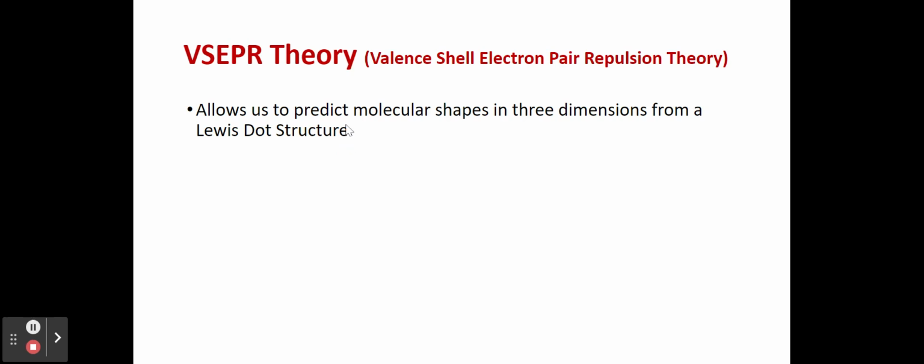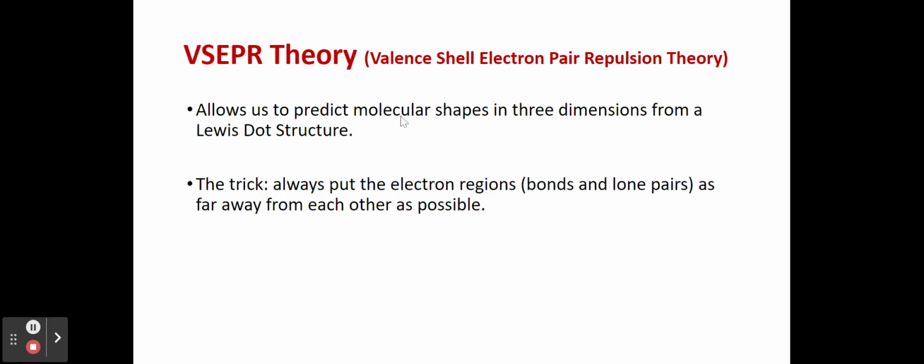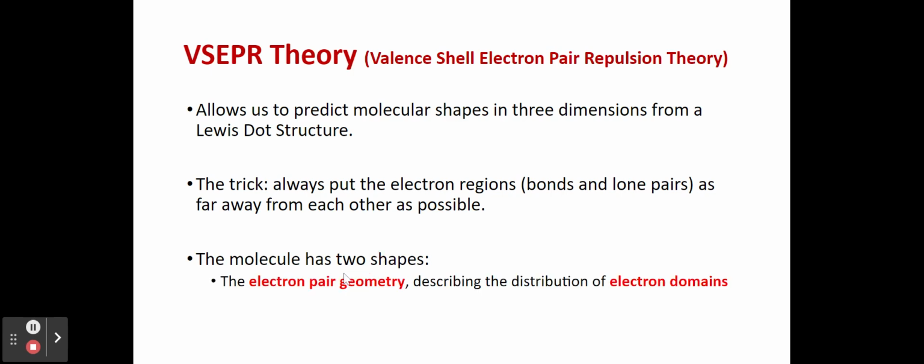So you need to be able to draw Lewis dot structures before you can predict molecular shapes. The trick is you always want to put the electron regions, which include both bonds and lone pairs of electrons, as far away from each other as possible. And when we talk about a molecule, there are 2 things to consider.